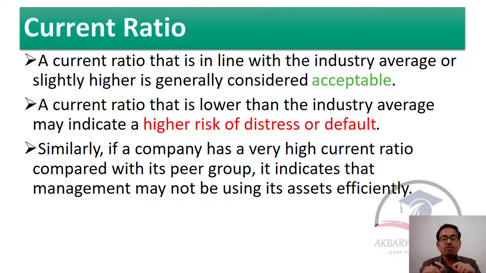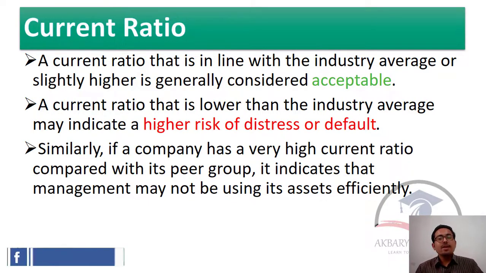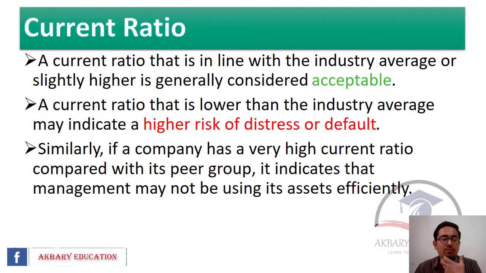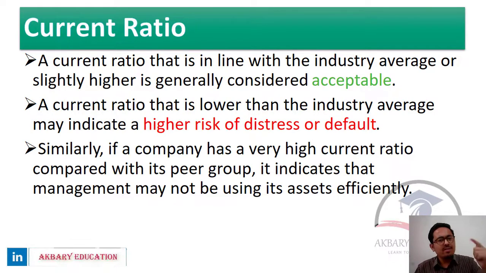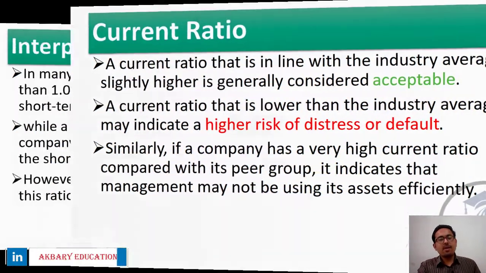If they pay the $50,000 of current liabilities from that $500,000, they remain with $450,000. It indicates that the management was unable to efficiently utilize or invest this amount of cash for other purposes to generate further revenue for the business. This is something you need to remember. Let's go ahead.